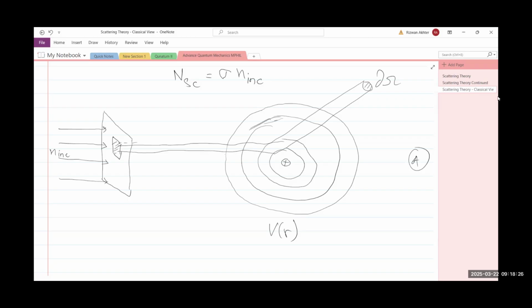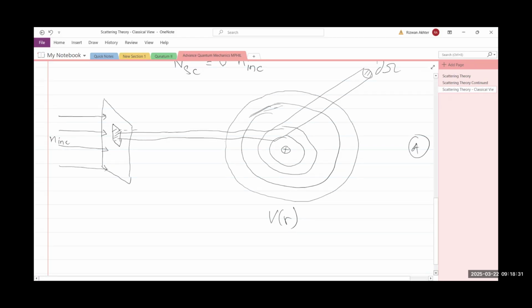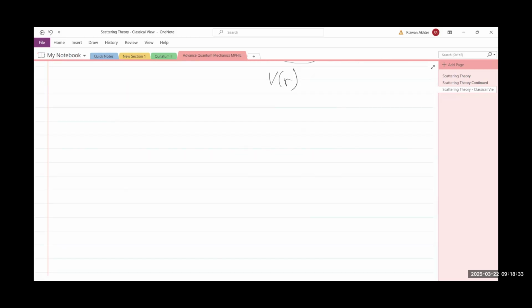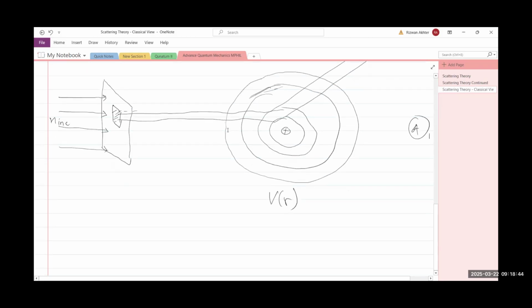We can draw the head-on part describing the collision of the incoming particles as seen head on at the target. So the head-on picture would be something like this if you imagine it. It would be as if I have this region of the target characterized by some parameters.